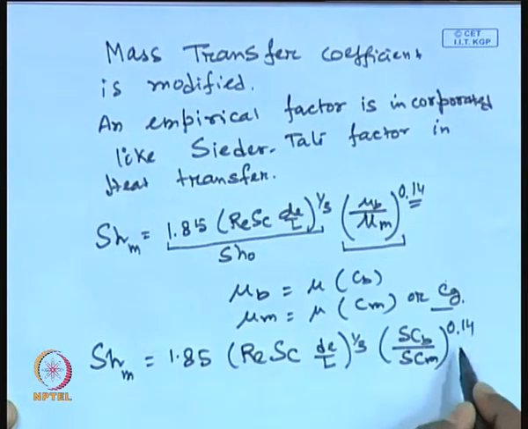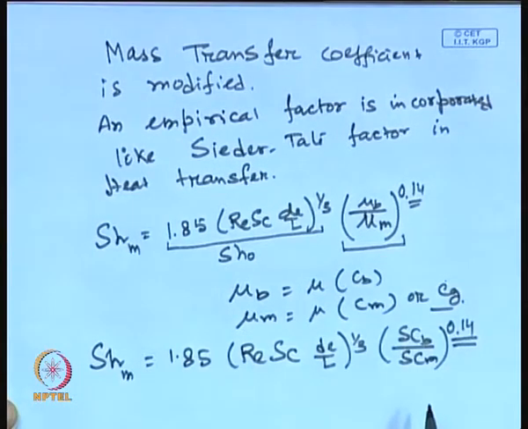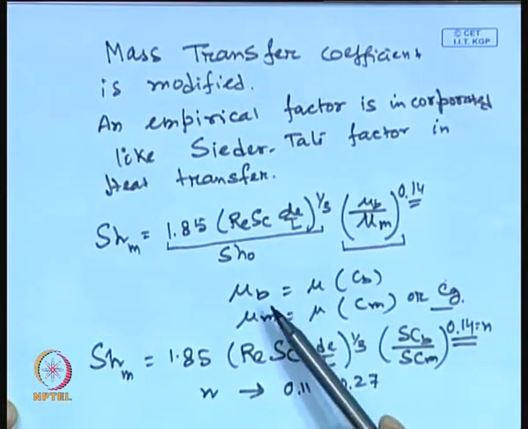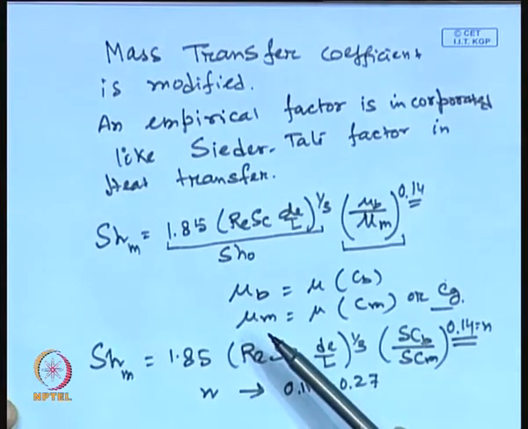Now, there is debate on this coefficient 0.14. It has generally been found that this coefficient, let us say it is n, varies between 0.11 and 0.27 depending upon the system that you have. That means you measure the viscosity as a function of concentration, which is easy to measure, and then you fit a curve.